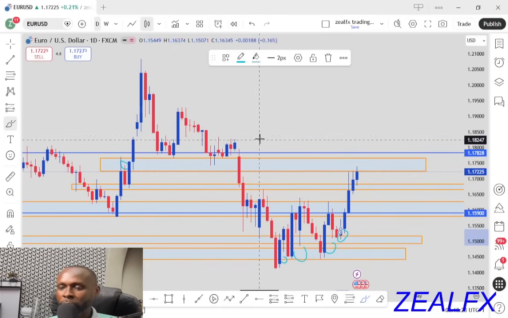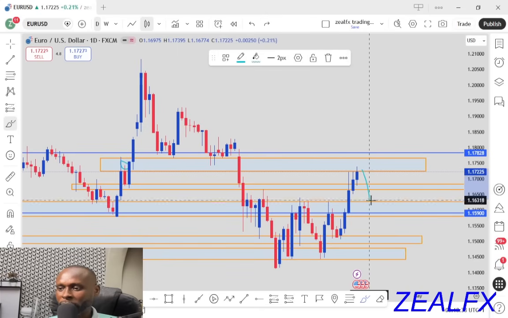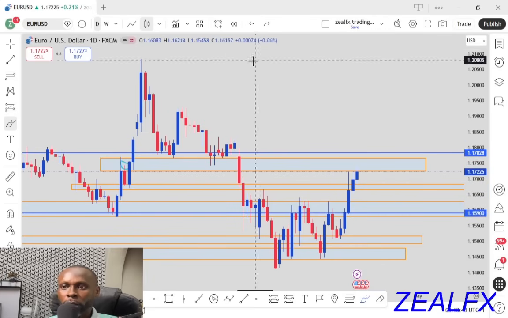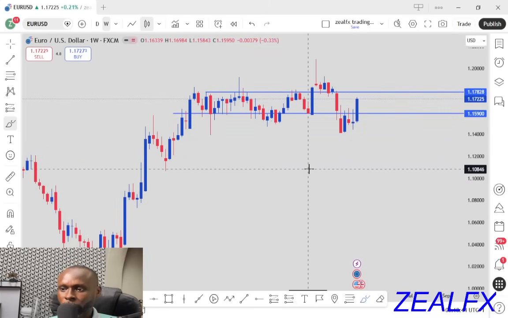So this is an indication of bullish momentum for the inner structure. So long as we have this bullish momentum for buying opportunity, we expect price to come to this area, then we'll start looking for possible buys to the top. So let's look at the weekly chart to confirm this buying opportunity.